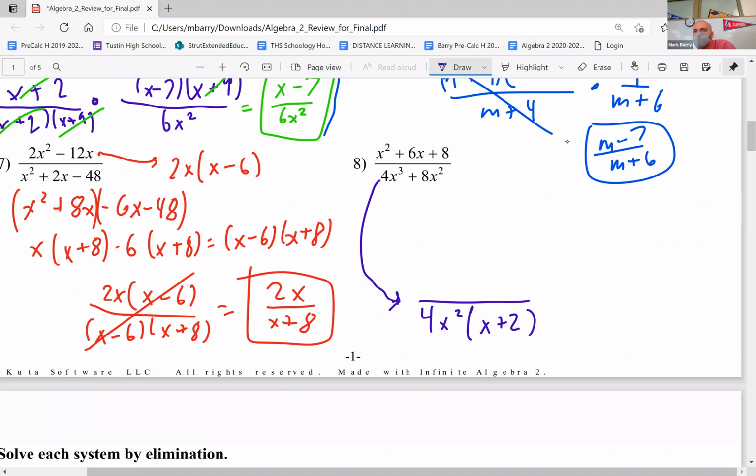All right, why don't you guys try to factor the numerator, x squared plus 6x plus 8. So that's going to require one of the x things. All right, ready, go.